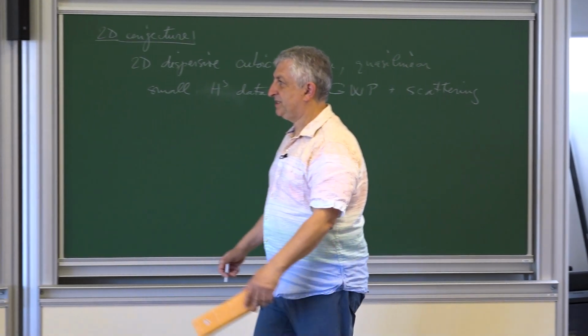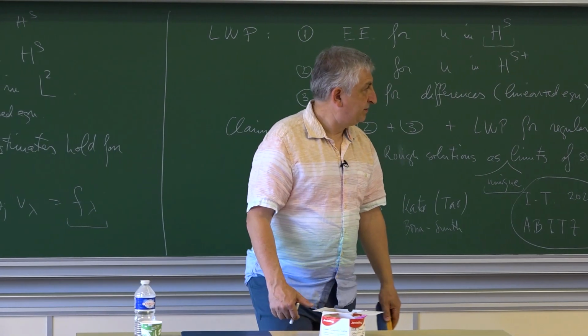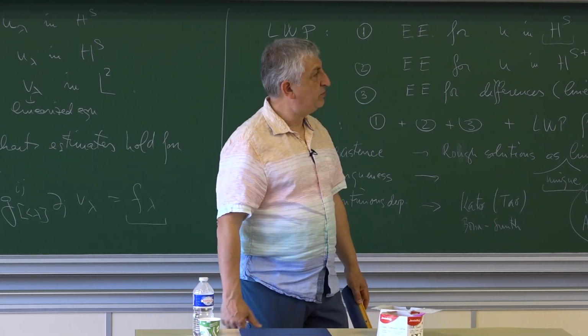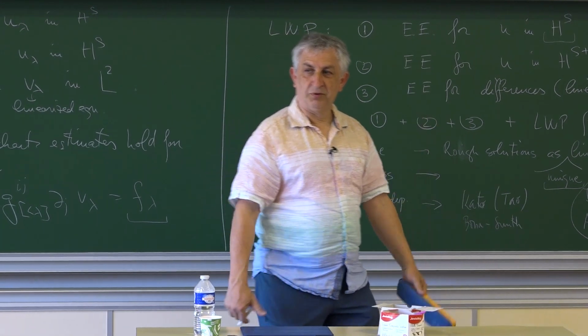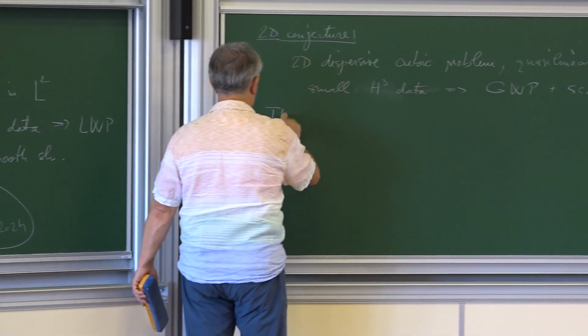And again, the same thing that I was telling you for the one-dimensional problem, something that we learned along the way, is that our strategy to prove this global well-posedness, in effect, also allows us to improve the local well-posedness. So let me state these 2 theorems separately.